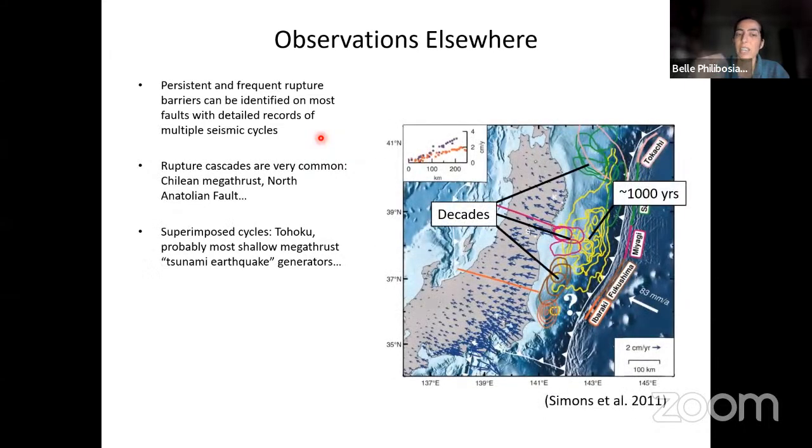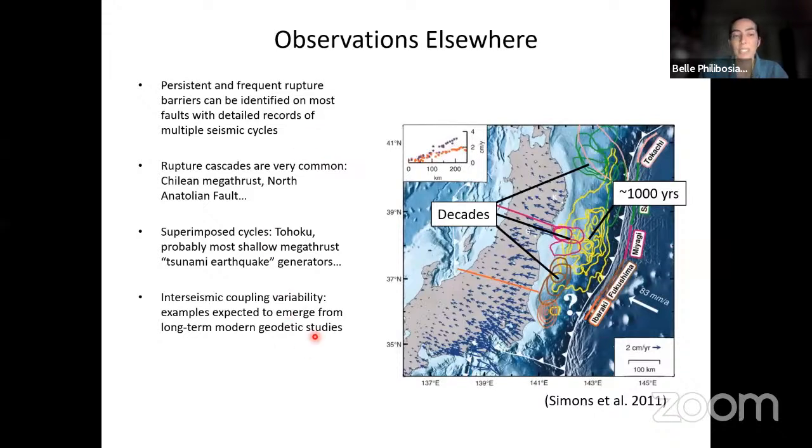Superimposed cycles, the Tohoku event is another obvious case, and that's probably also typically true for shallow megathrust areas that generate tsunami earthquakes. Interseismic coupling variability, we don't have a very long instrumental record yet, but we expect to see more examples of that from long-term modern geodetic studies.